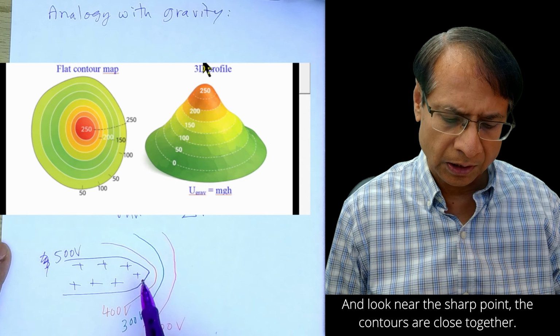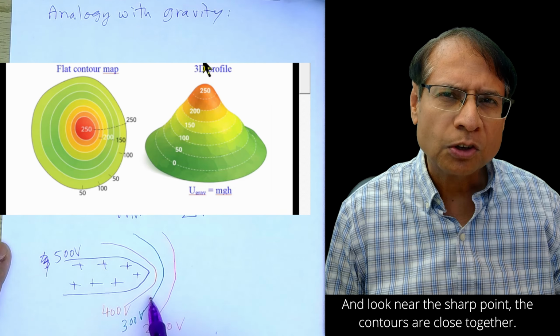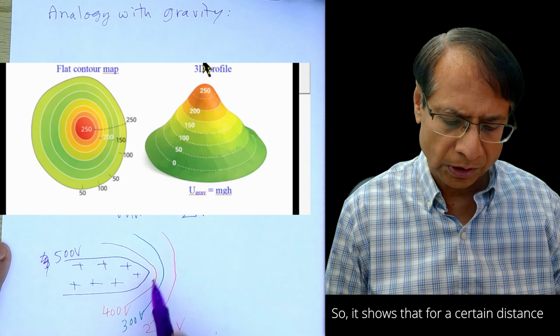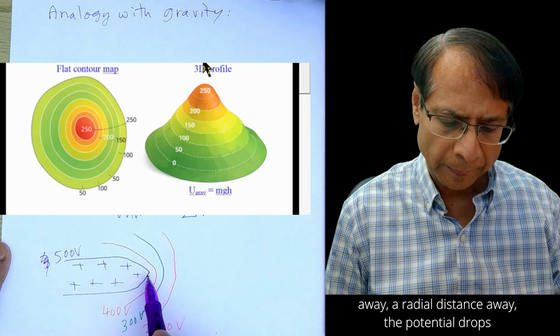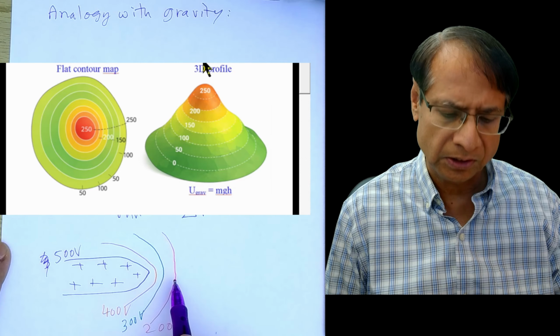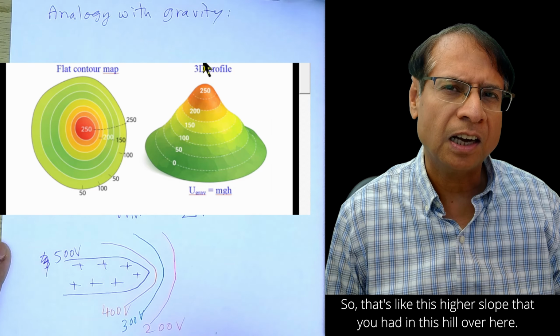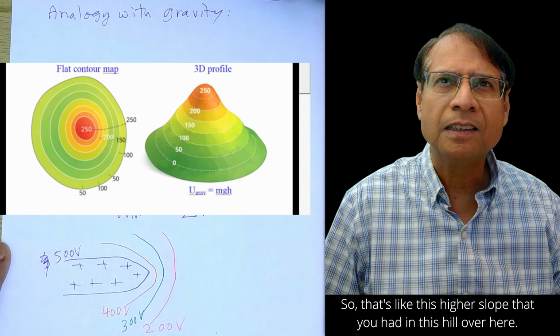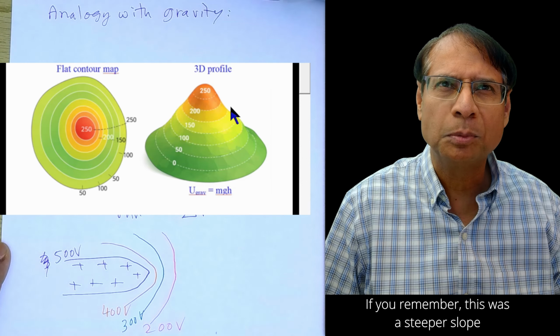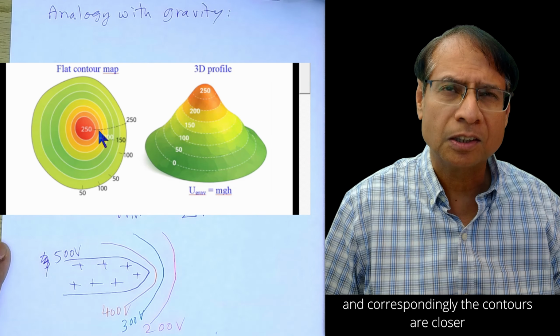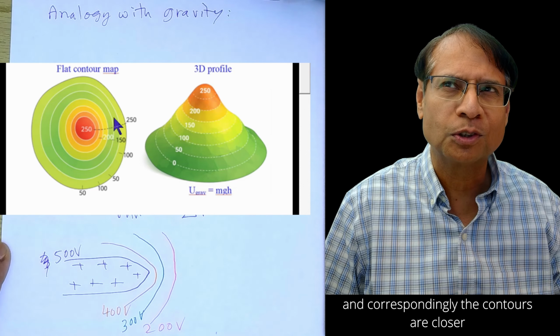And look, near the sharp point, the contours are close together. So it shows that for a certain radial distance away, the potential drops faster. That's like the higher slope that you had on this hill over here. If you remember, this was a steeper slope, and correspondingly the contours are closer together.